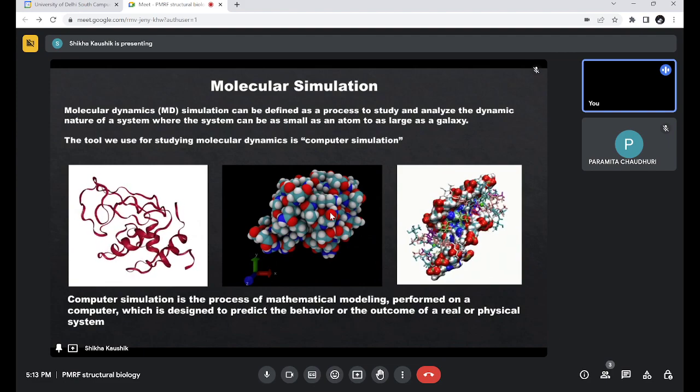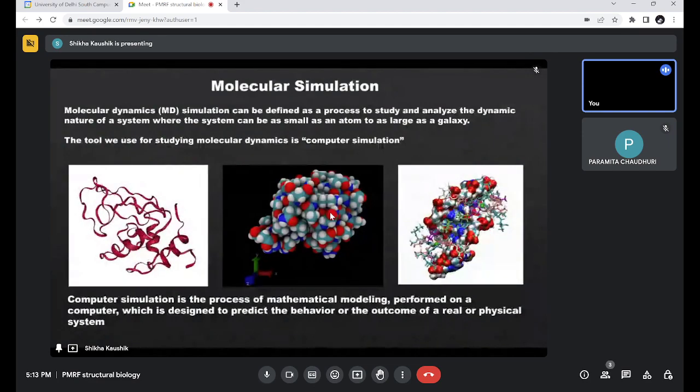And that is a revolution in terms of the scientific and technological achievements that we have made as humans so far. Molecular simulation has made it easier for us to understand any system, to visualize things on a computer, on a mathematical program, where we can understand by altering certain conditions, and we can simulate the real system.